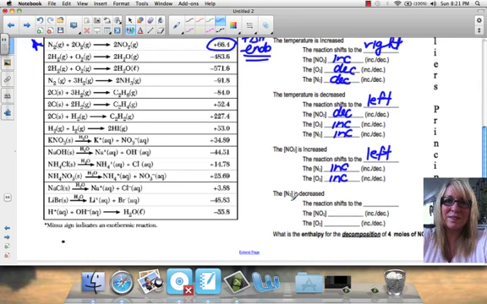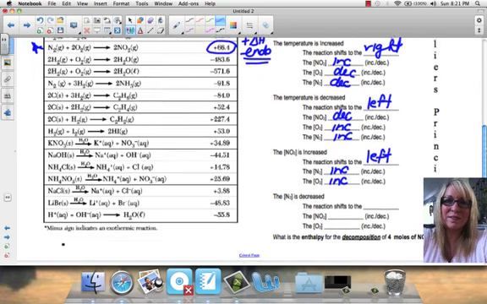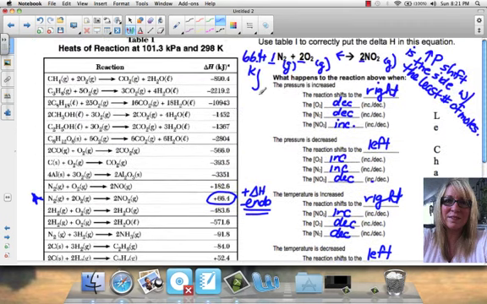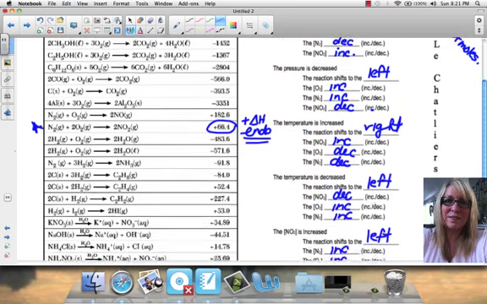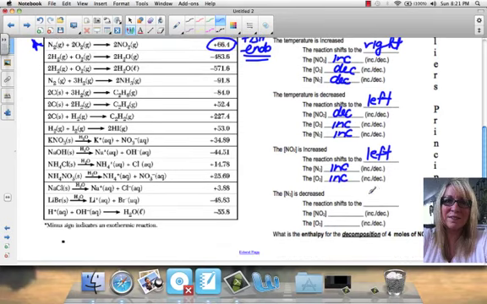And N2, which is on the left, if I decrease the N2, remember it tries to replace it, so it's going to go toward the decrease. So it's also going to shift to the left, and NO2 is going to decrease because that's going to break down, and O2 will increase.